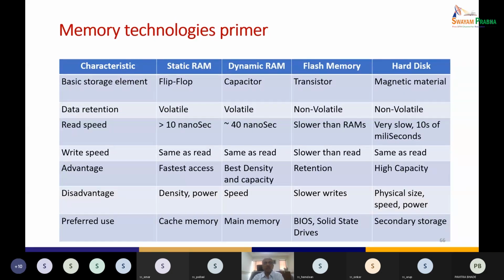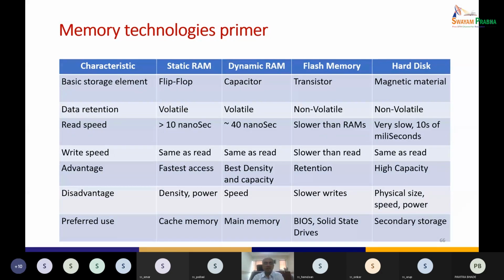But the good thing about each is that static RAMs are the fastest, nobody can beat them, while dynamic RAMs have the best density because the number of elements required to build one bit is much lesser than that of a static RAM.